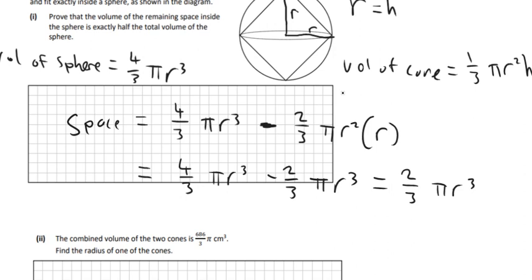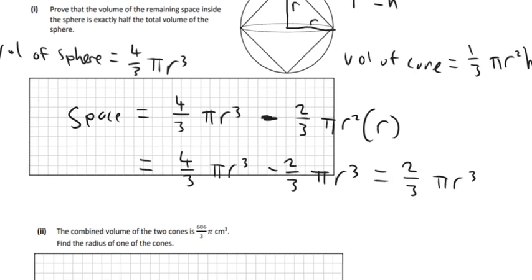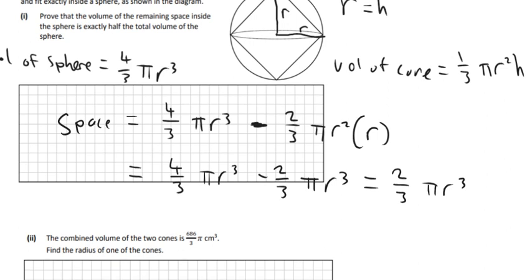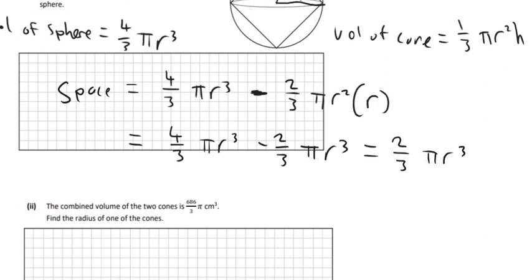So we have to prove that the volume of the remaining space inside the sphere is exactly half of the total volume of the sphere. So you can see clearly it is. So when we subtracted them, that's the space, and the actual volume of the sphere is 4 over 3 pi r cubed. So half of that would be 2 over 3 pi r cubed.